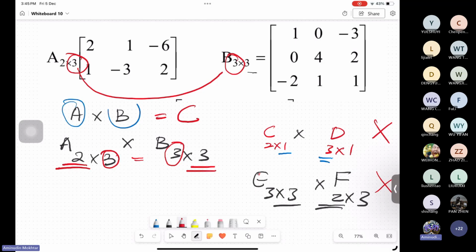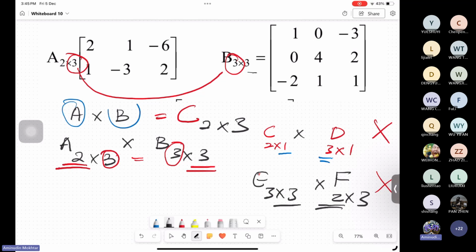In other words, in this case, if A times B, the size of A is 2 times 3, the size of B is 3 times 3. The product matrix C will have the number of rows of A times the number of columns of B, 2 times 3. So the product of A and B equals C, where C has the size 2 times 3.